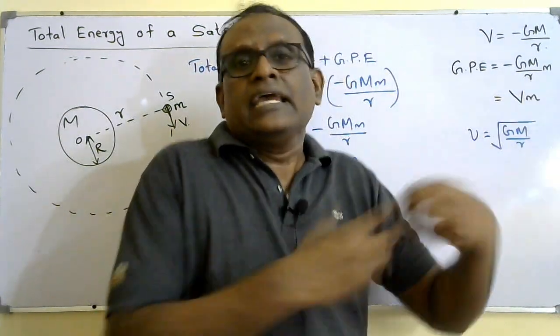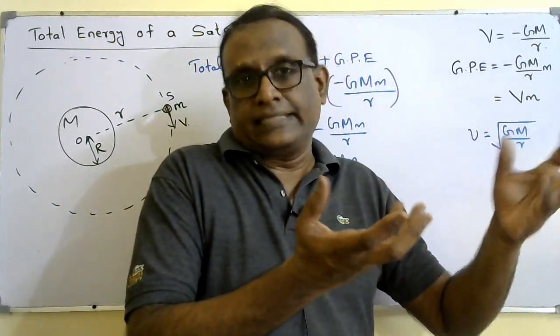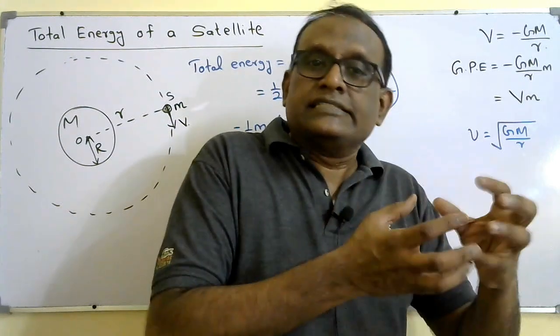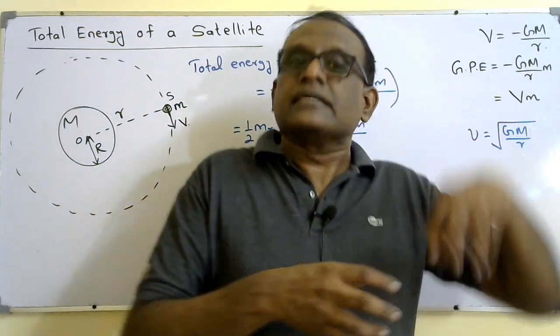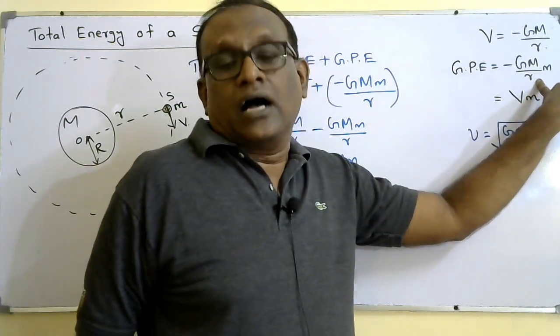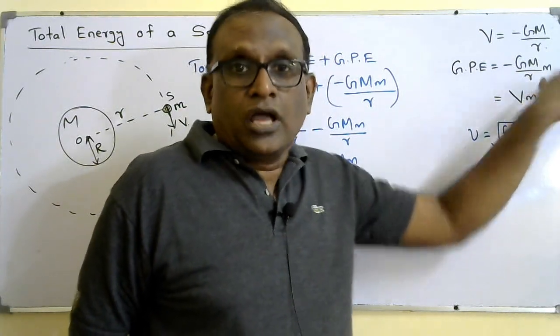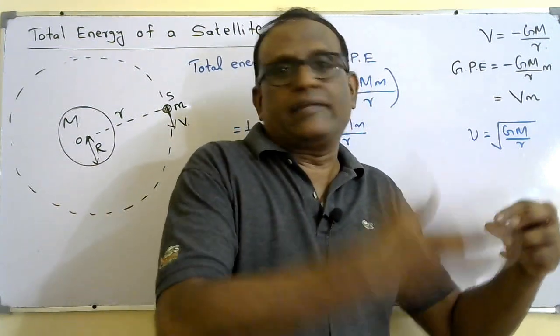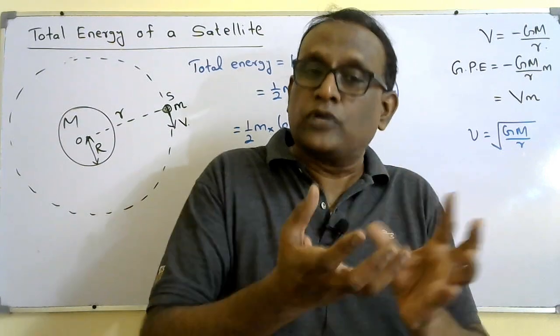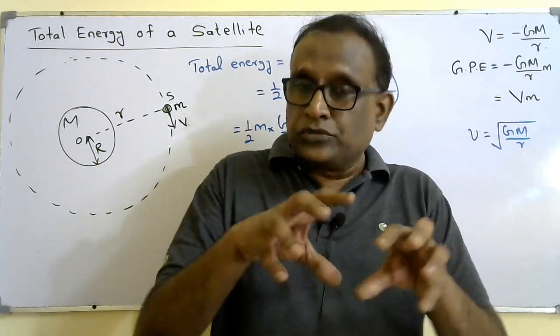In the same way, if the total energy is a positive quantity, it means it is at infinite distance, gravitational potential energy has become 0, but the satellite might be moving along a random path at a particular speed, so it has kinetic energy, so total energy becomes positive. In these two situations, the satellite is out of the gravitational influence of the planet.